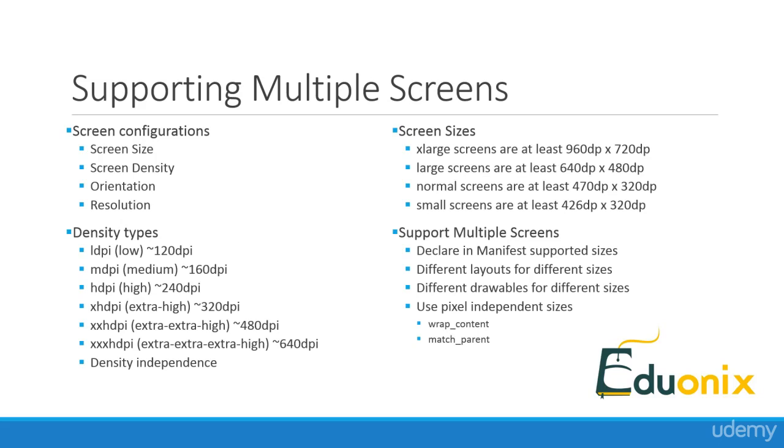When designing your screens for this variety of different density types, it is important to use density-independent techniques in order to have your screen look as desired for the multitude of density type screens.